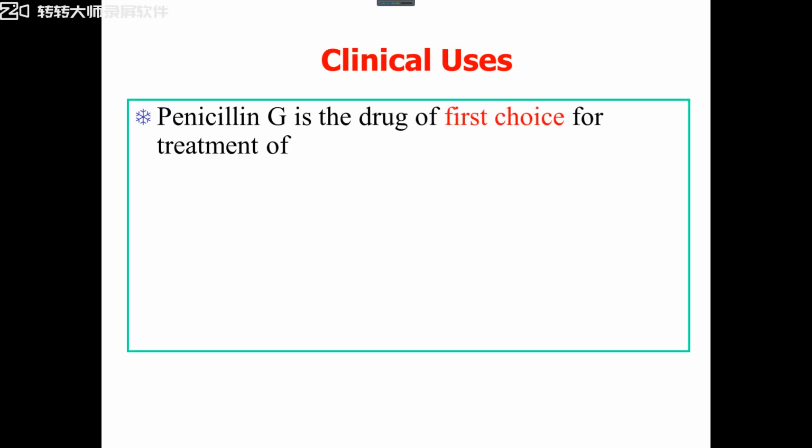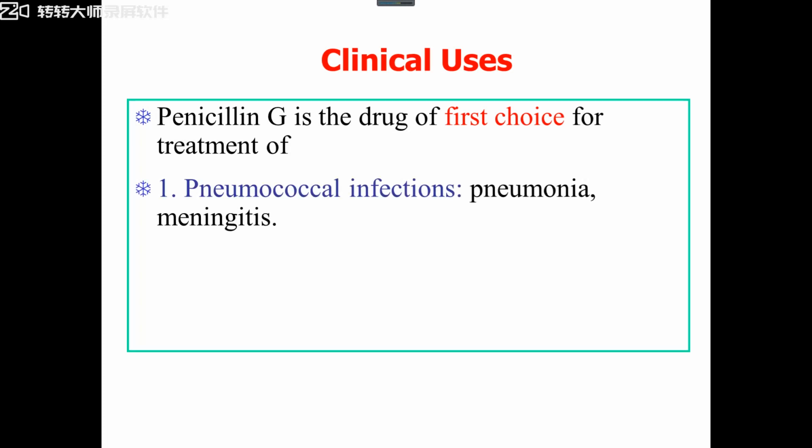Clinical use. Penicillin G is used to treat the bacterial infections we just mentioned, as the first choice agent. Penicillin G is the drug of first choice for treatment of sensitive bacterial infections.